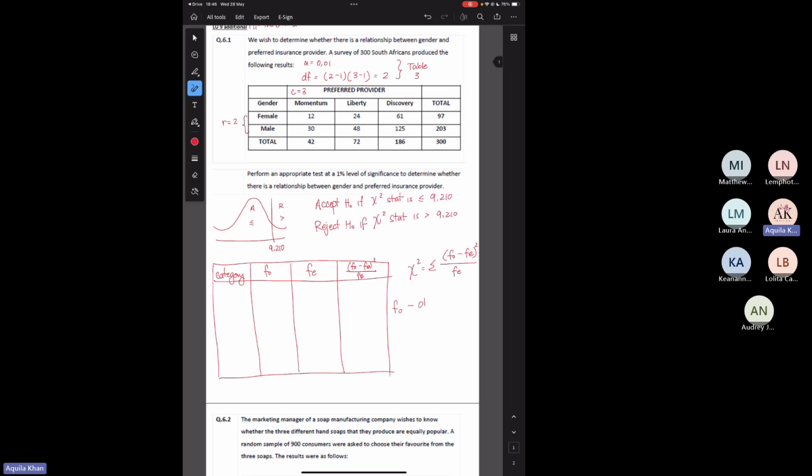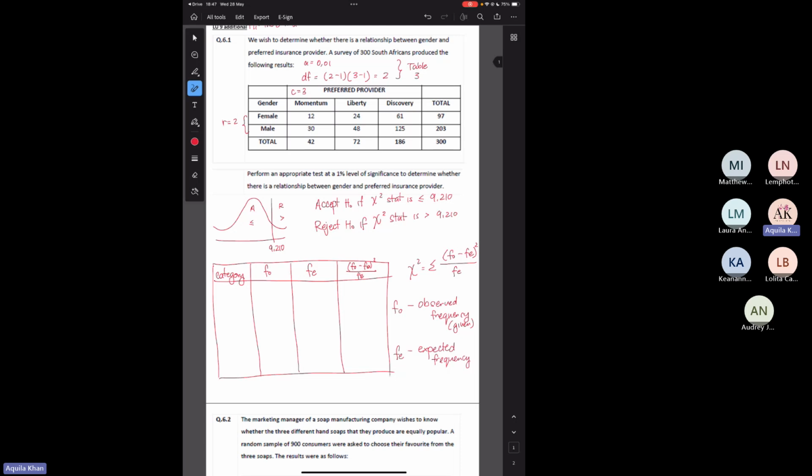Again, this is all stuff you can read through in your slides. You have an observed frequency, and this is always the one that's given to you in the information. And then you have something called an expected frequency. And an expected frequency is what you will have to calculate.